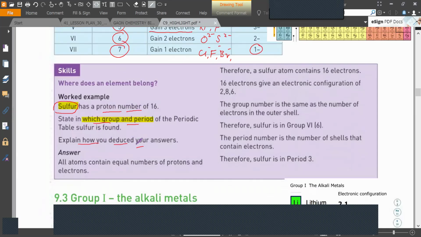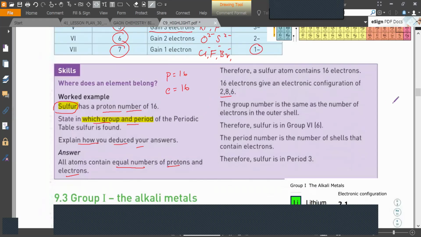We can deduce it based on our understanding. Sulfur proton number is 16, so the number of electrons is also 16, since it contains equal numbers of protons and electrons. So how do we get the electron configuration?